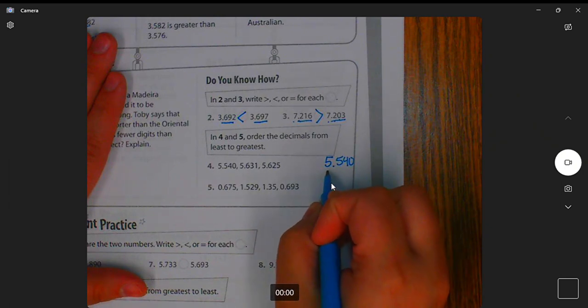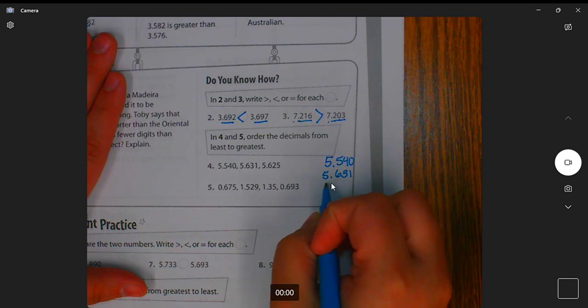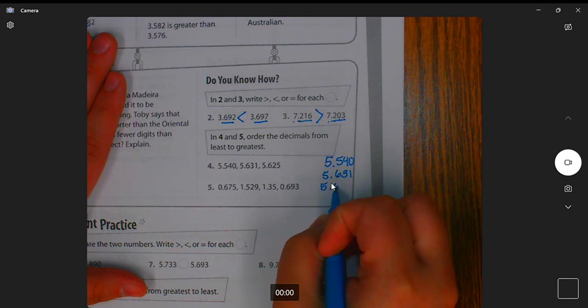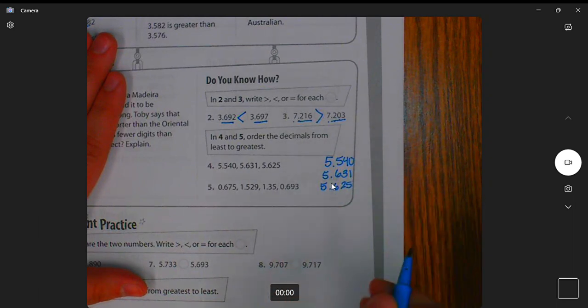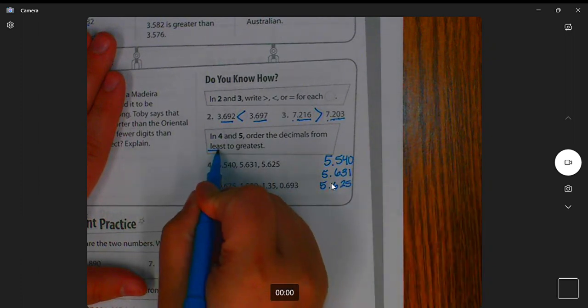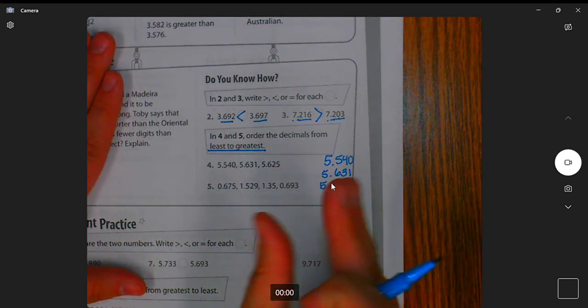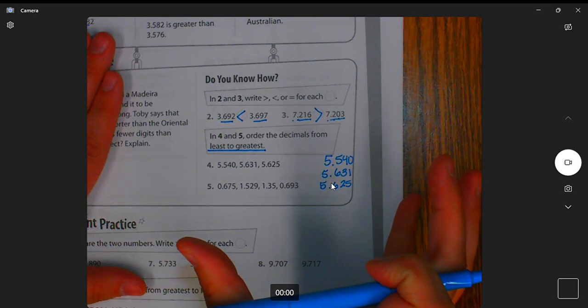I have 5 and 631 thousandths. 5 and 625 thousandths. Now, the same thing goes as when I was comparing. I have to go until my numbers don't match. So this says I'm going from least to greatest.